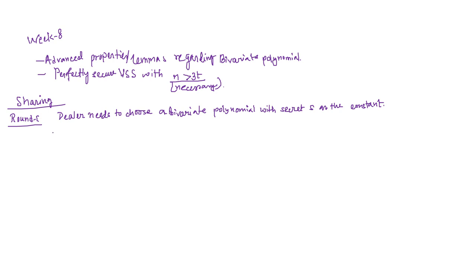Now, how does it choose a bivariate polynomial?